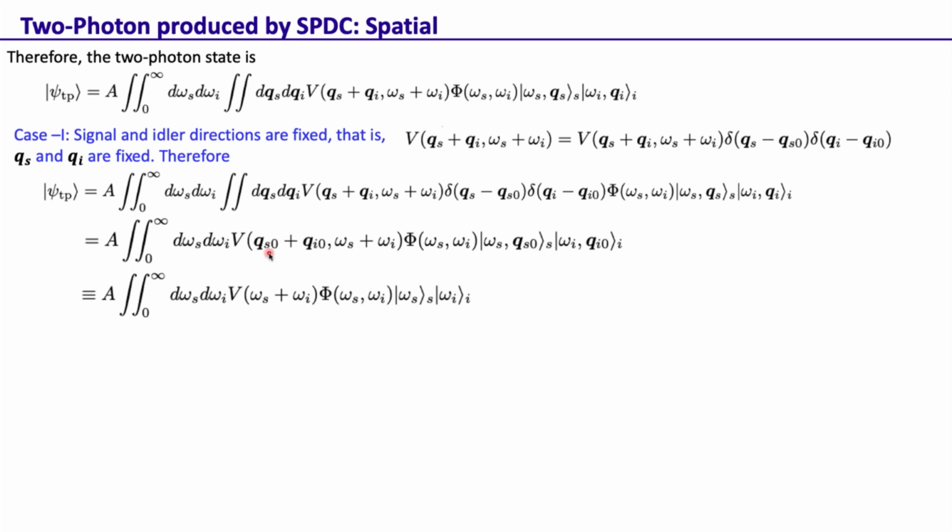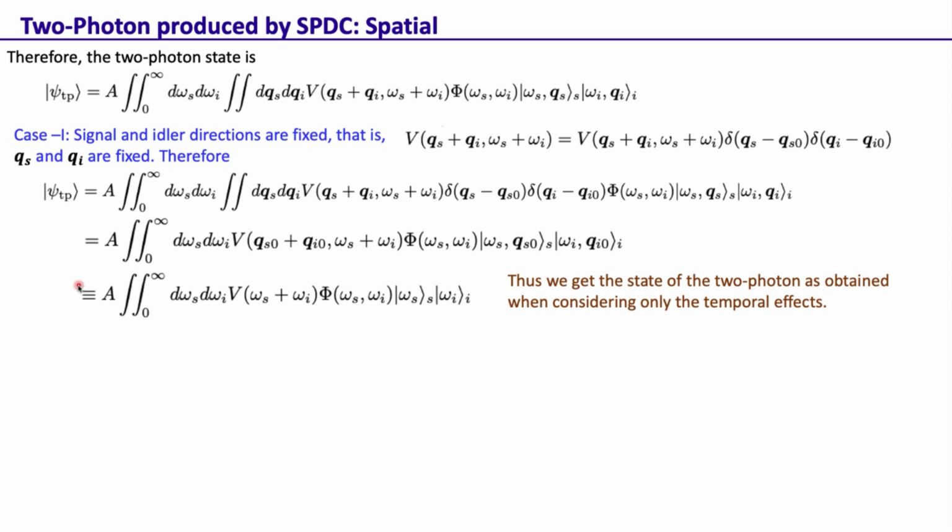In that case we need not even show these indices qs naught and qi naught, and the two-photon state is simply given by this integral. So this is the two-photon state that we derived in the context of temporal two-photon interference. So that's the same state we have.